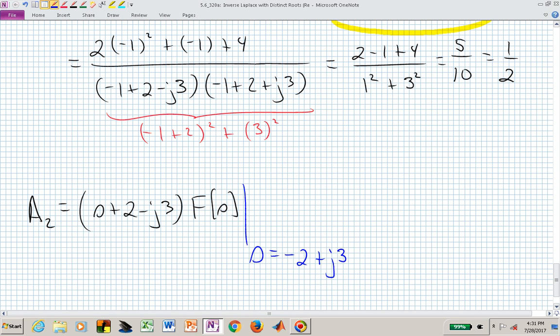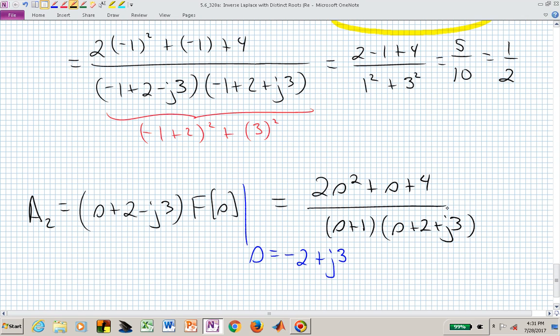We cancel those factors in our expression so that when we pre-multiply by s plus 2 minus j3, we end up with the same numerator, 2s squared plus s plus 4, all over the s plus 1 factor and the s plus 2 plus j3, which is the remaining factor, and we are evaluating this at s equal to minus 2 plus j3.